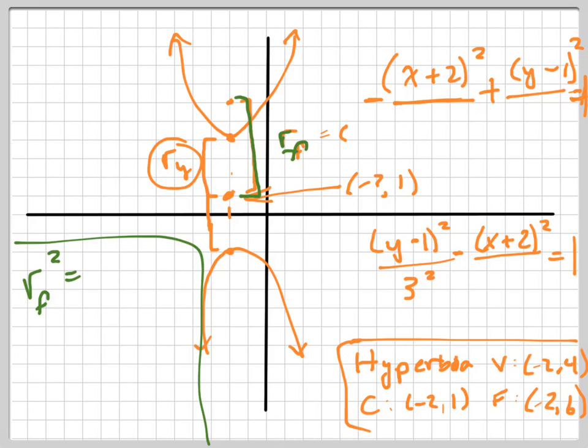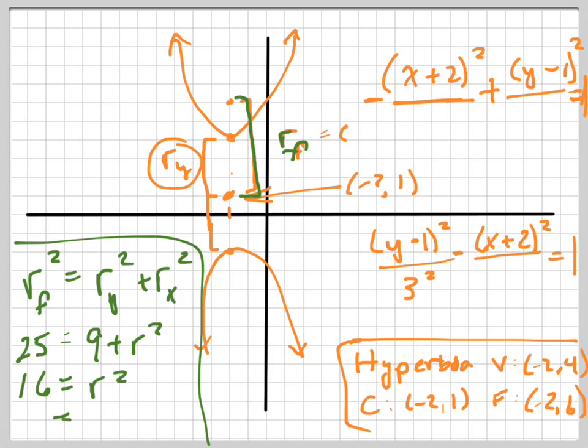So 25 equals 9 plus r sub x squared, which means r squared equals 16, which means r equals 4, which is nice.